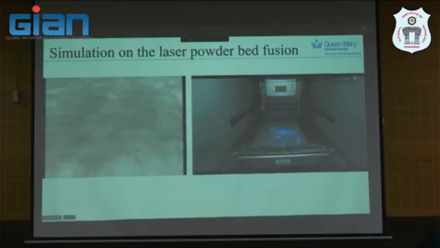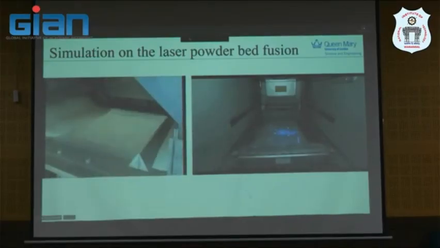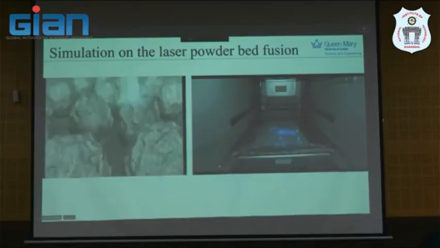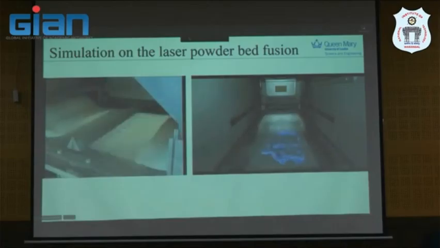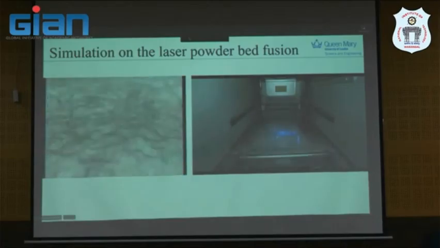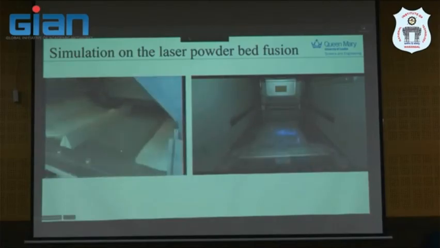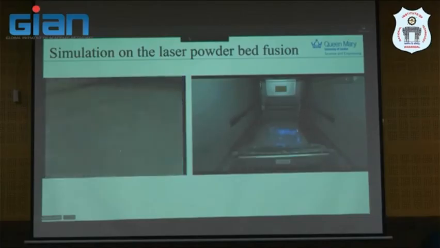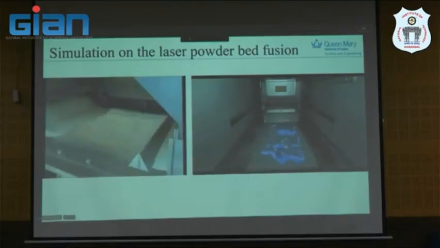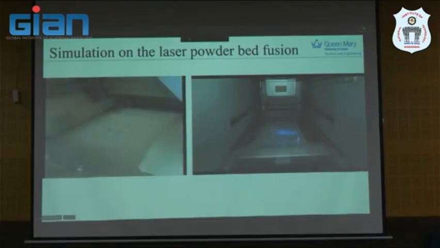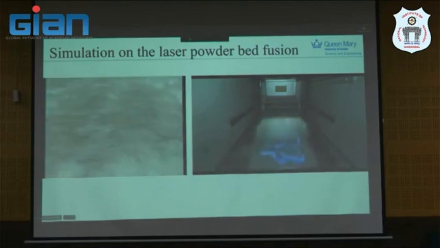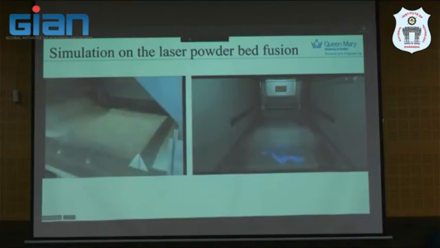The key steps in the LPBF process include the powder layering, which means a thin layer of fine metal powder is spread on a build platform. And then the laser will remelt the powder particles.